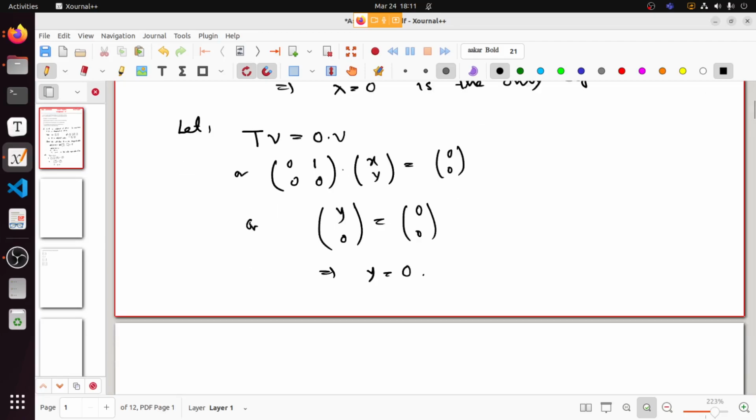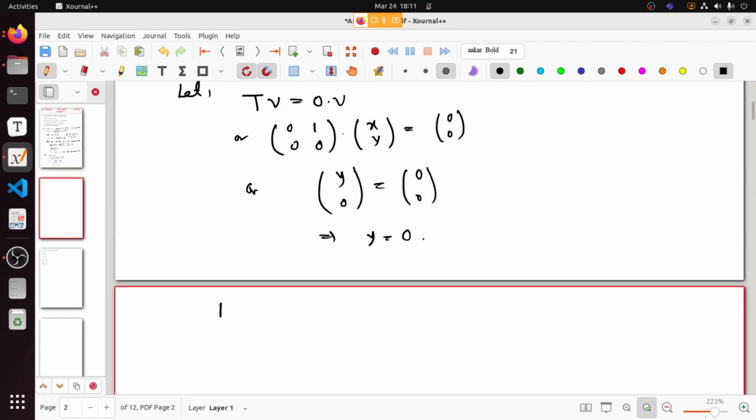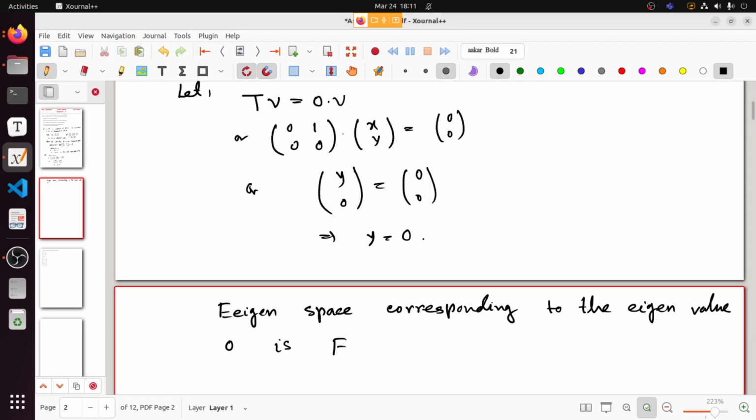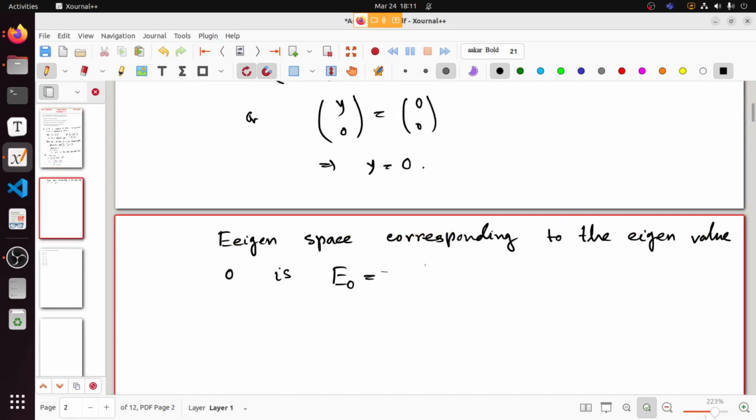So the eigenspace corresponding to the eigenvalue 0, denoted by E0, is the set of all vectors v such that Tv equals 0 times v, right?